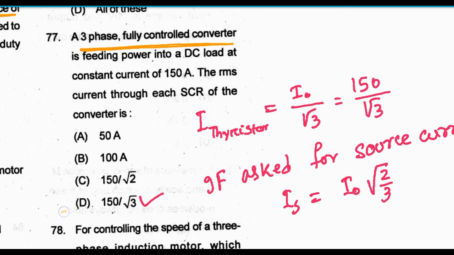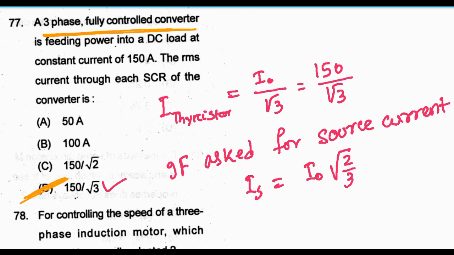So here the answer will be 150 by root 3. And if this question had asked for the source current, this has asked the current through SCR, but if it had asked for the source current, it will be I naught into root over of 2 by 3.